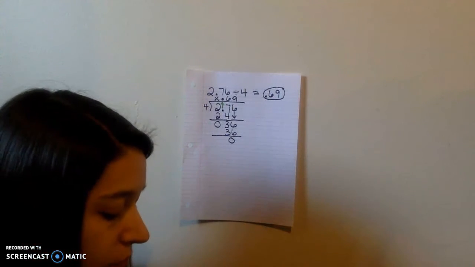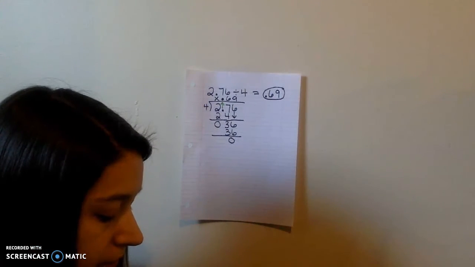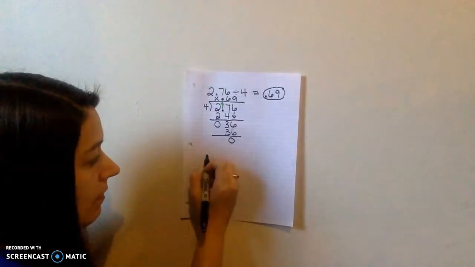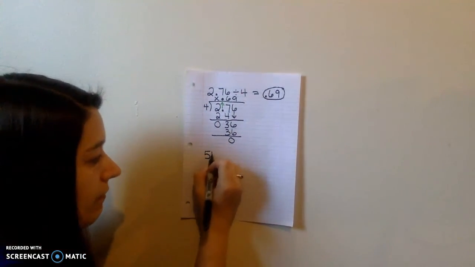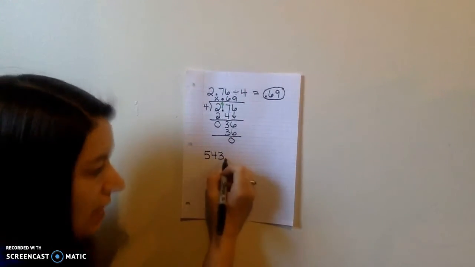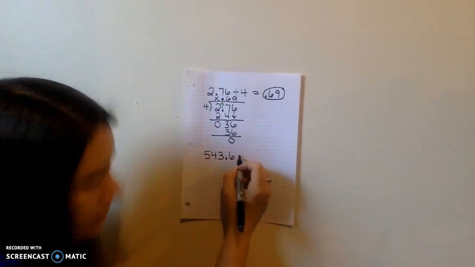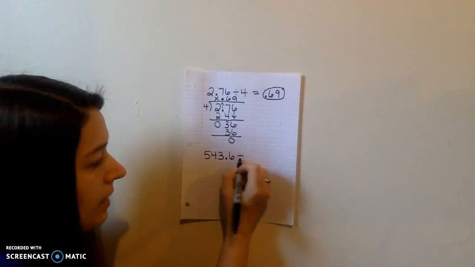We'll do one more. Our next problem will be 543 and 6/10 divided by 3.